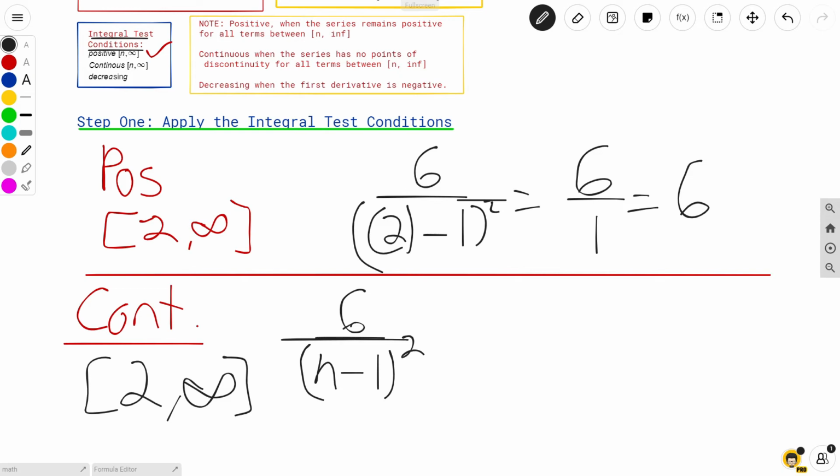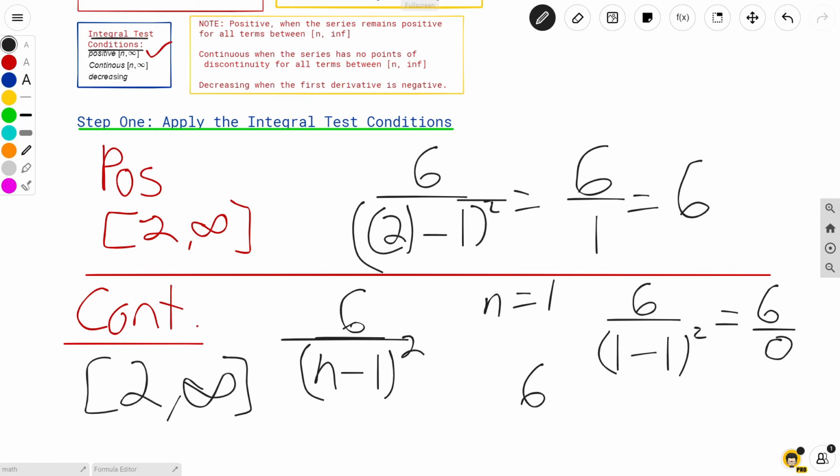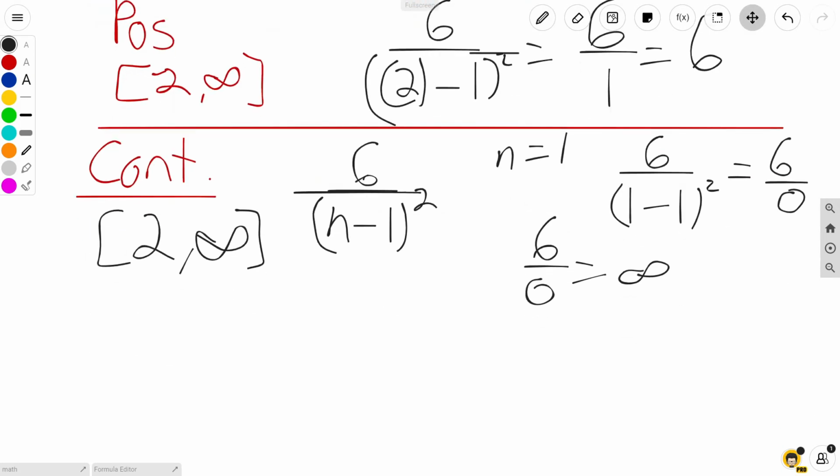There's a discontinuity when n equals 1. When n equals 1, 6 divided by 1 minus 1 squared is equal to 6 over 0. Any constant over 0 is equal to infinity. So yes, there is a discontinuity, but that discontinuity is at n equals 1.